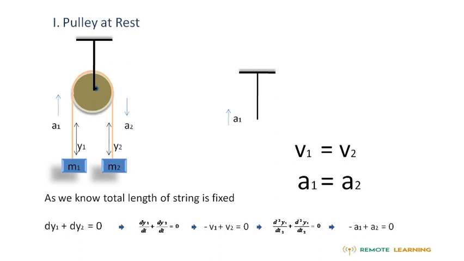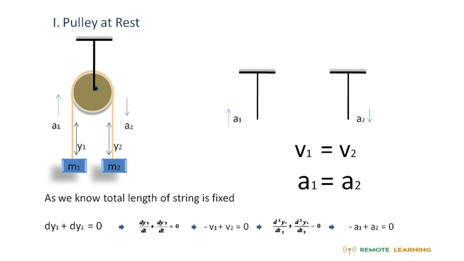If we look at the right portion of the string, the lower end is increasing length y2 with acceleration a2. So logically a1 is decreasing the length and a2 is increasing the length.